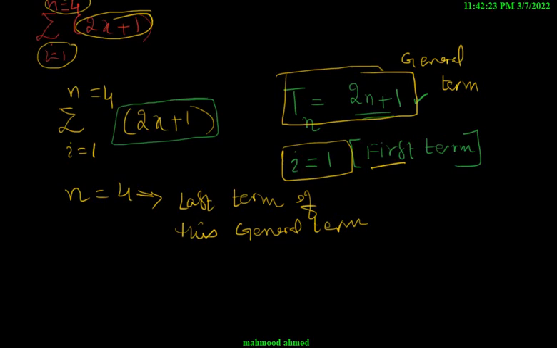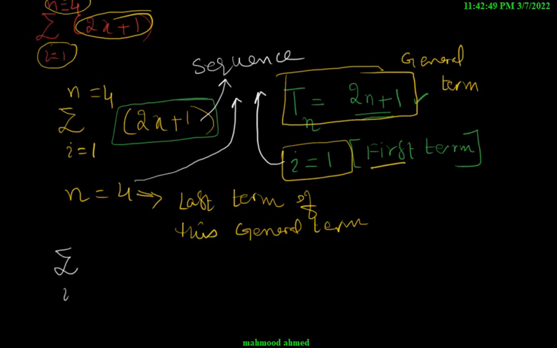General term basically also means a sequence. Sometimes you can also see the word sequence. So i is equal to 1 means this is the first term of this sequence, and n is equal to 4 means this is the last term of this sequence.